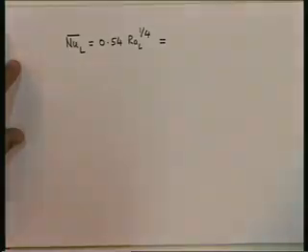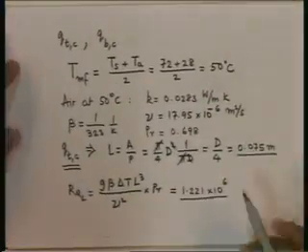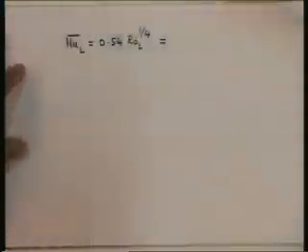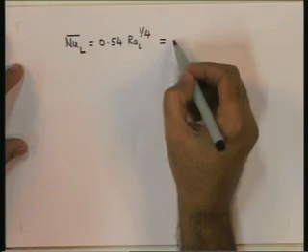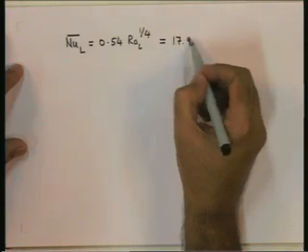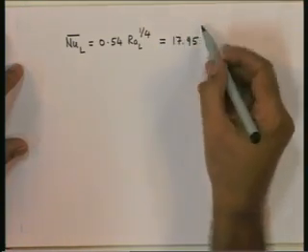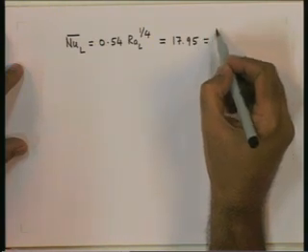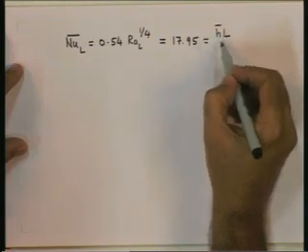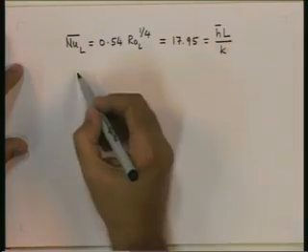Substituting our value of Rayleigh number, which is 1.221 into 10 to the 6, we will get this to be 17.95, which is h bar into L by k.